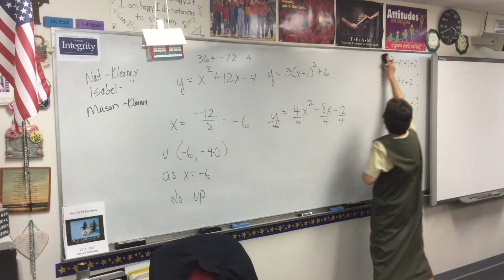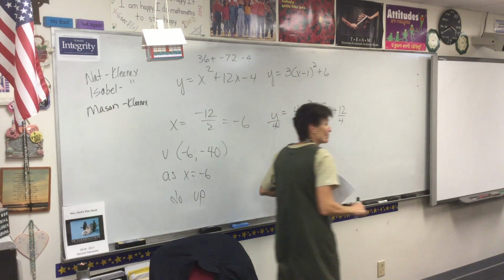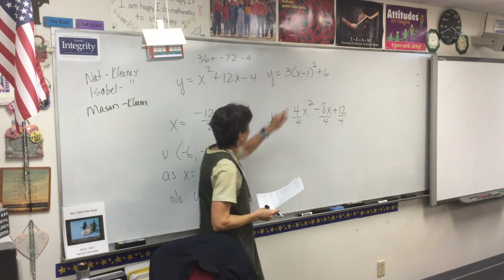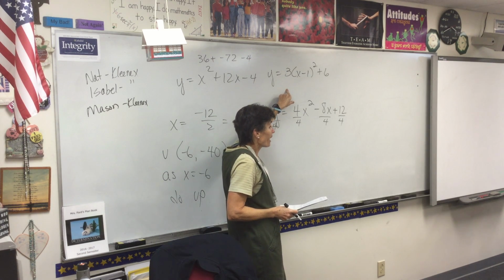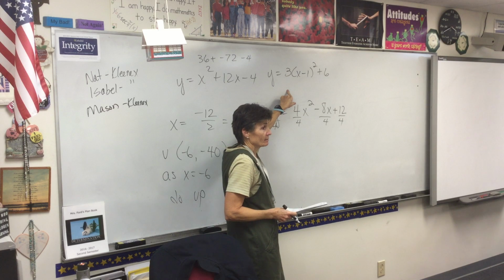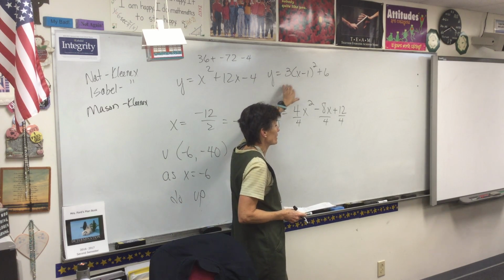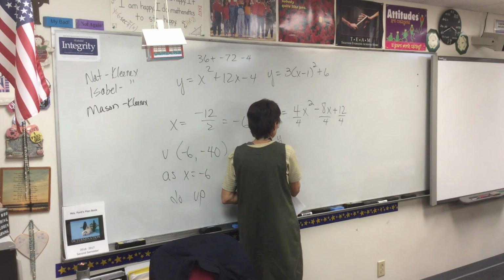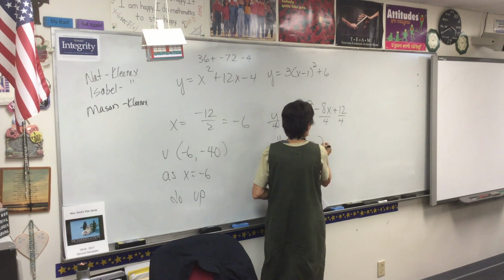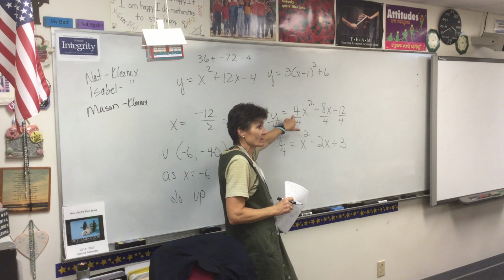We are going to complete the square, kids. You're not finding the vertex. You're writing the equation like this. So you cannot do negative b over 2a. You need to complete the square so your equation looks like this. So the first thing we're going to do is divide everything by 4. This number right here, we're dividing everything by that number.